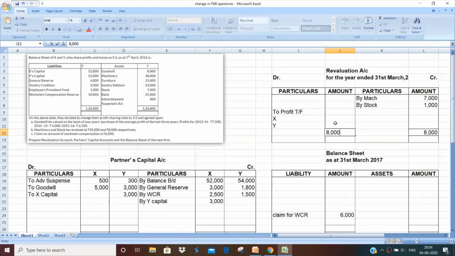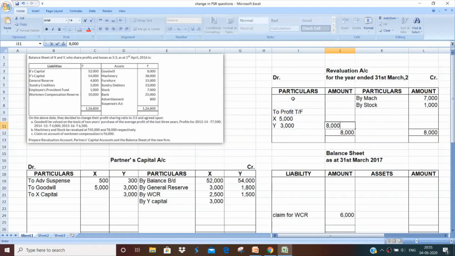And the balancing figure is also 8,000, and this 8,000 will be distributed between X and Y in the old ratio, that is 5:3. So the amount is 5,000 for X and 3,000 for Y, and the total profit was 8,000. So we have done the balancing of the revaluation account.